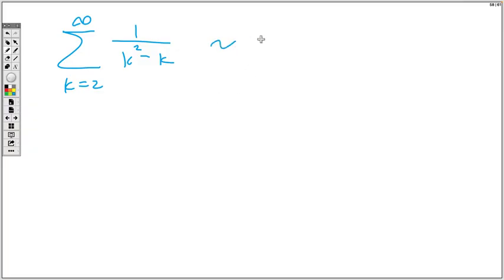With the limit comparison test, you wouldn't bother doing partial fractions anymore. You follow? If all you want to do is figure out if it converges or not, you can compare it to what? Who's running the show in the denominator? The k squared or the k? K squared. So you could do a limit comparison test on that.